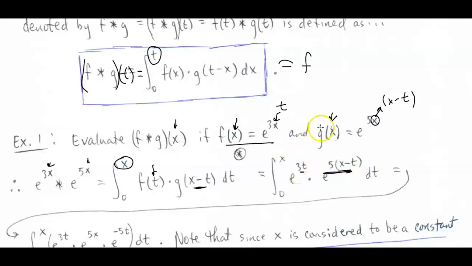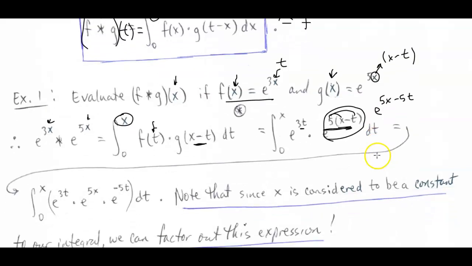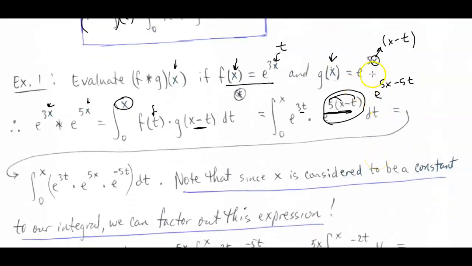Now, the thing that we like here is that if I was to take this 5 and distribute it to both terms here, then of course all of this would just be e raised to the 5x minus 5t. And so in looking at that, if we use our properties for exponential expressions, we know that we could rewrite this as e raised to the 5x times e raised to the negative 5t, which is here.